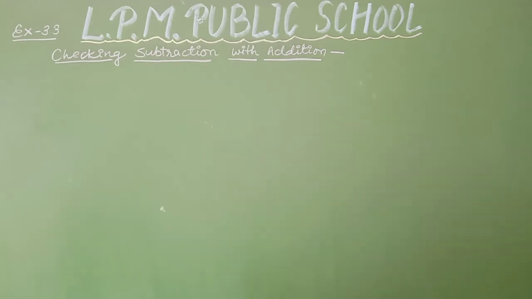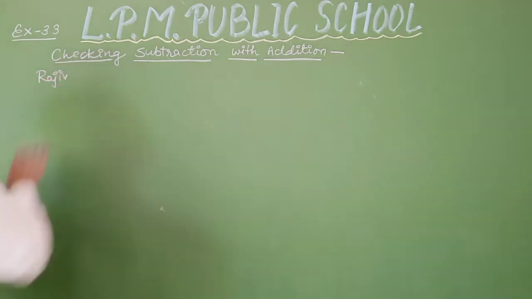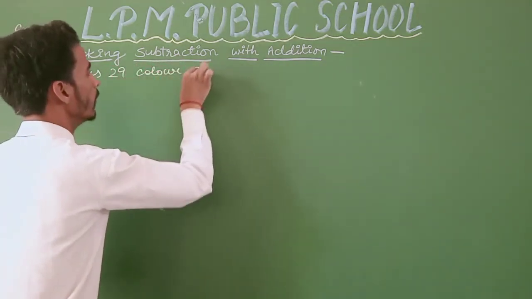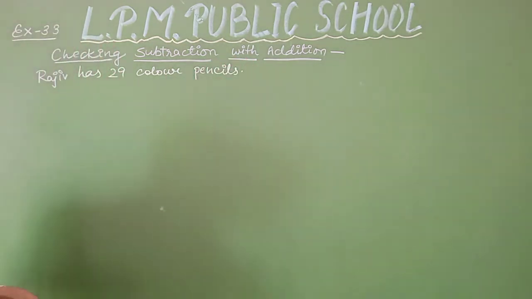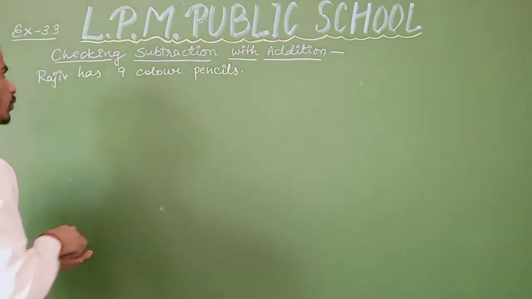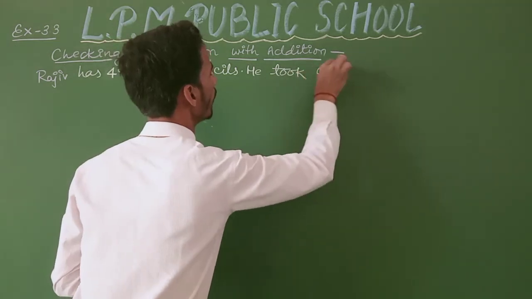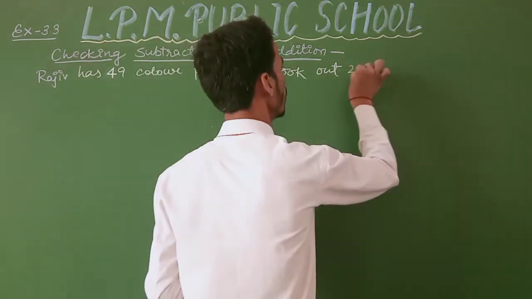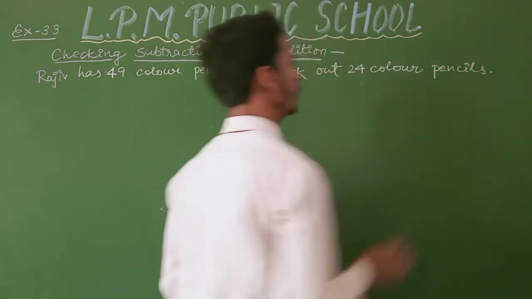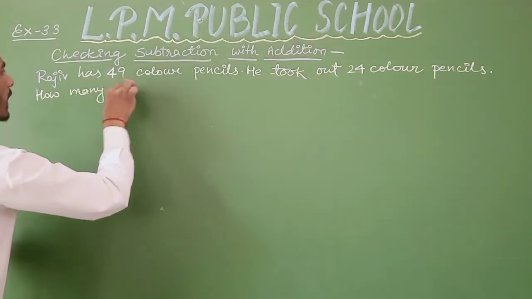So you have to find: Rajiv has 49 color pencils, and he took out 24 color pencils.